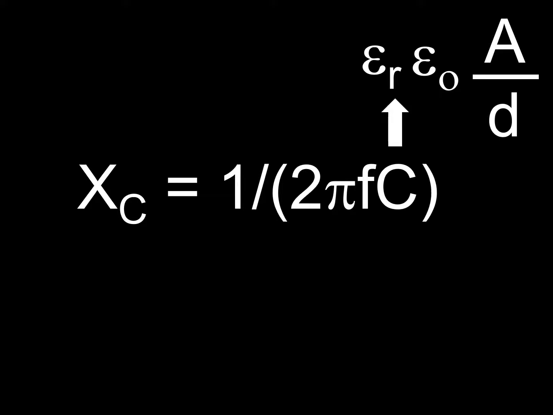I have introduced in this frame the formula we previously discussed regarding capacitance. I have done so to remind us of the relation between area and distance of the plate and the influence that they have on this formula.